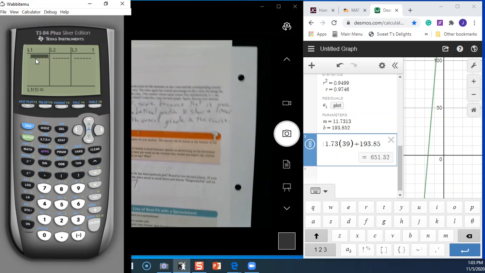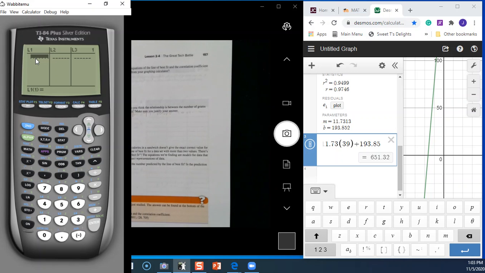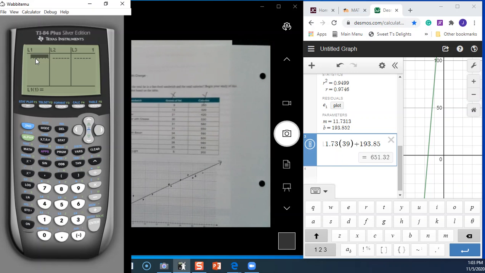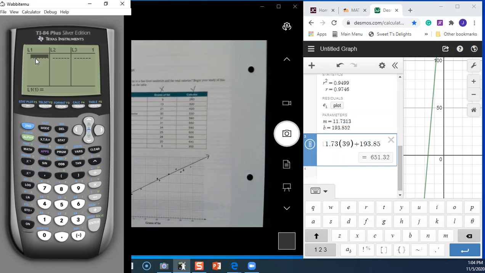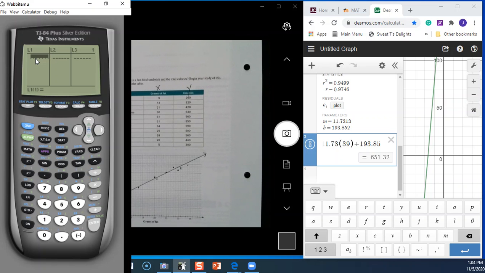Okay, so now we're going to go back to page 152 and we need to type in the X and Y values here into this calculator.